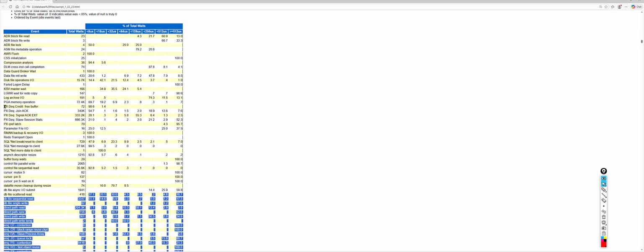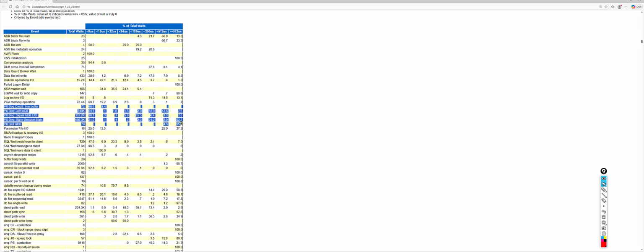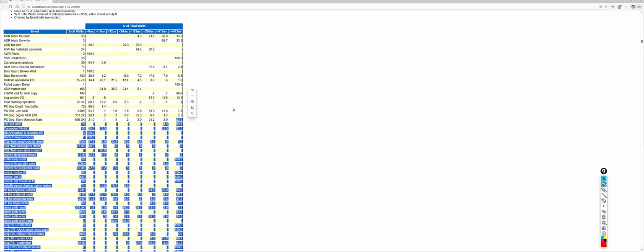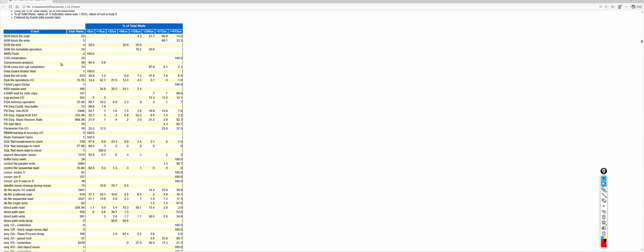And for parallel as well, all these buckets are full. Mainly if the wait is greater than or equal to 512 microseconds, then that is also an issue. But here you cannot completely say what is the issue or what is not the issue, unless you specifically narrow down the issue.